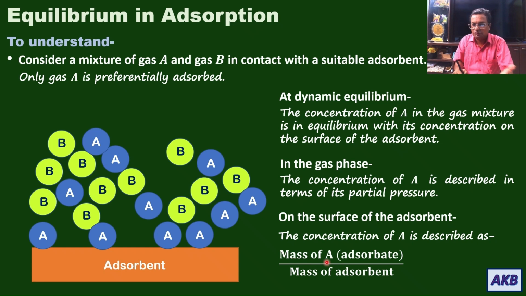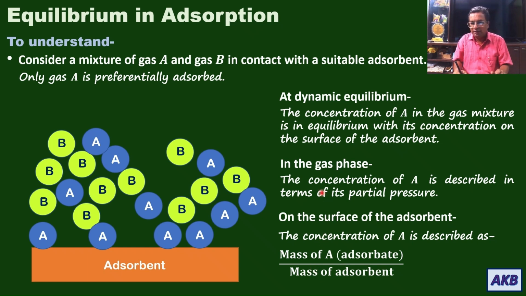So this is mass of A divided by mass of adsorbent: the mass of A getting adsorbed on one unit mass of adsorbent.